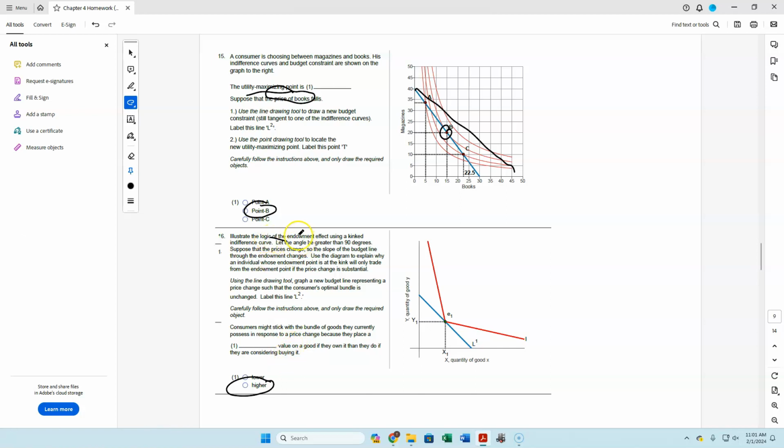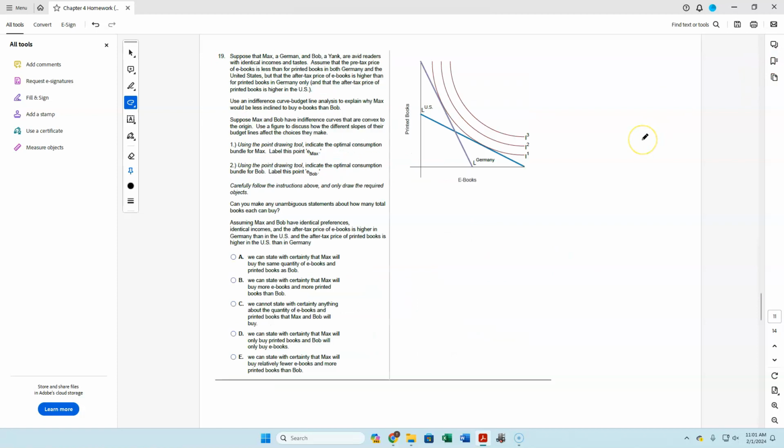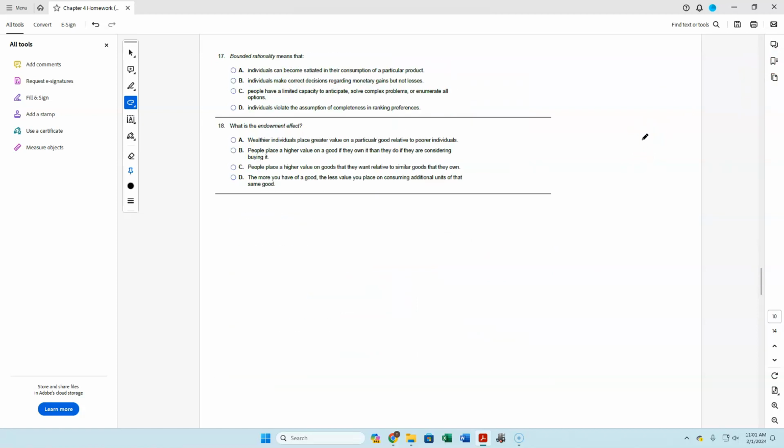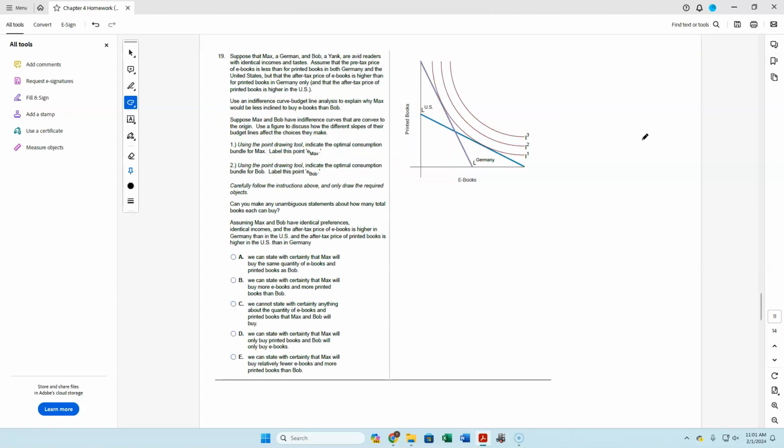And this again is only because we're dealing with the endowment effect here. I know some of these descriptions here are pretty bad, but I'm trying to keep this short. Bounded rationality and the endowment effect, these are definitional. So I'm just going to leave you with those.